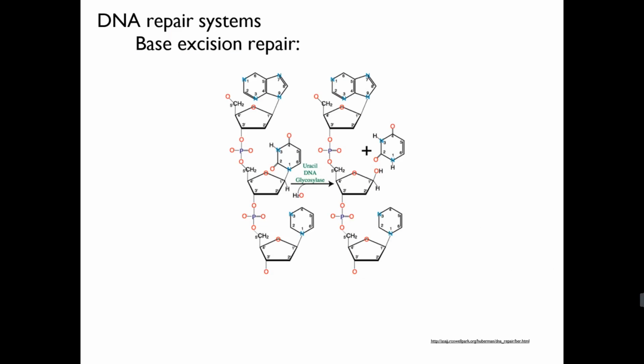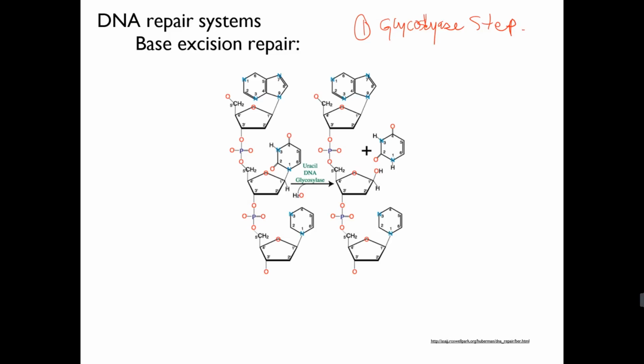So this slide is just showing a little bit more detail of the glycosylase step. So again, we'll just talk more in depth about the glycosylase step. And again, it's just a simple cleavage of the N-glycosidic bond between the deoxyribose and the damaged base.